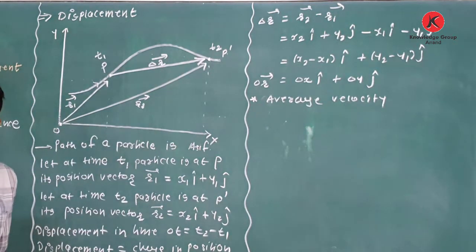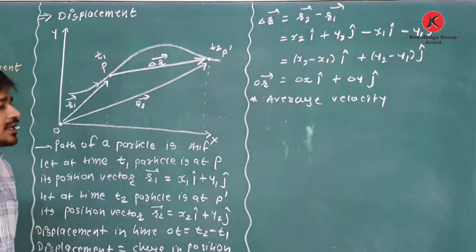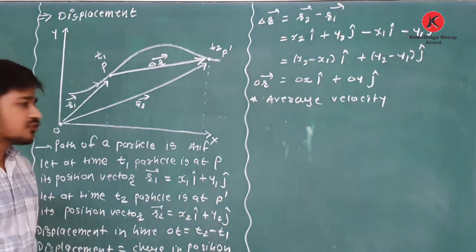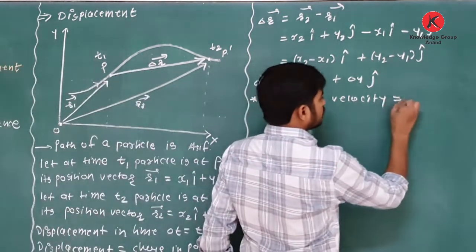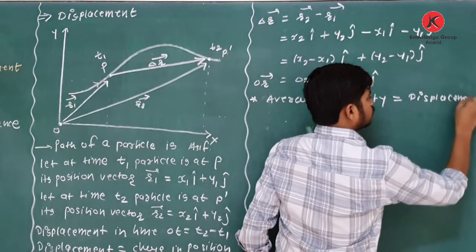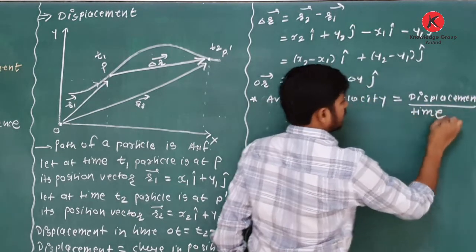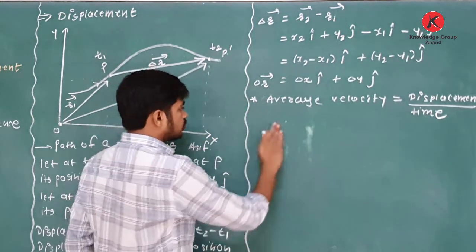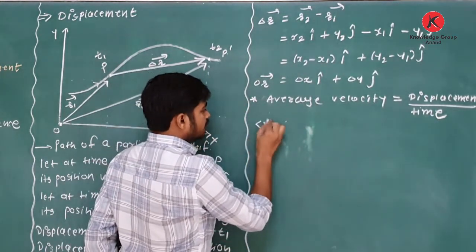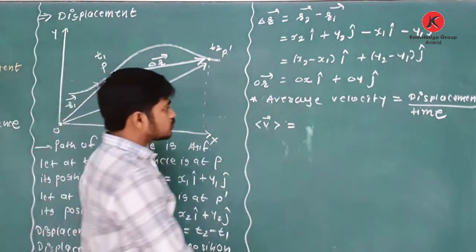Clear about this? Okay, so now we will define average velocity. What is the equation of average velocity? Average velocity is equal to displacement upon time. So how to denote this? Average velocity is equal to displacement.